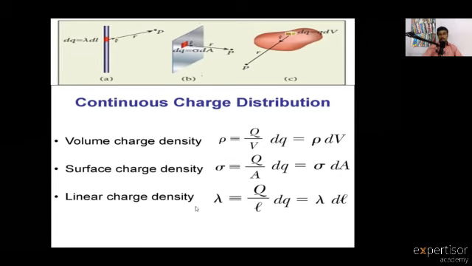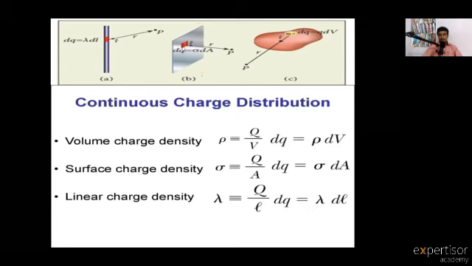Okay. Coming to surface charge density, this symbol is sigma. The definition of surface charge density is charge per area. So coming to this diagram, this is another shape, where length and breadth will be there.